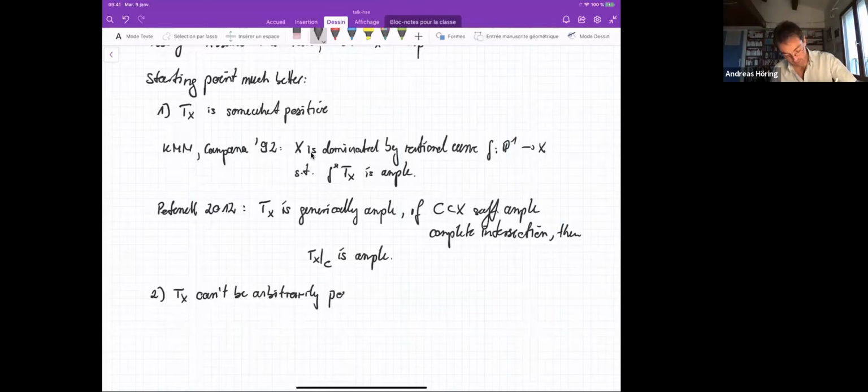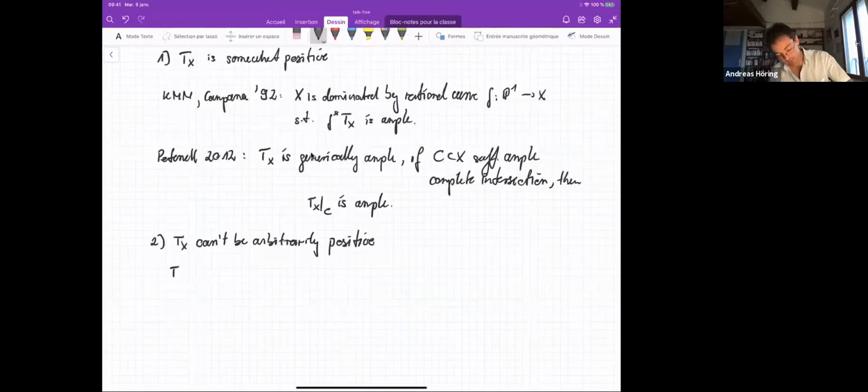This is of course a classical theorem of Mori, which tells us that if you have X smooth projective such that the tangent bundle of X is ample, then X is already the projective space.